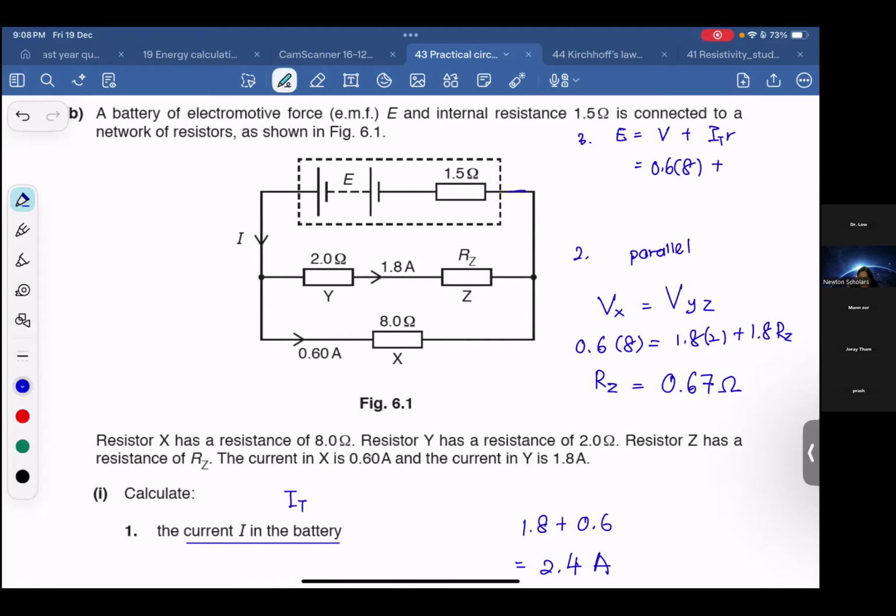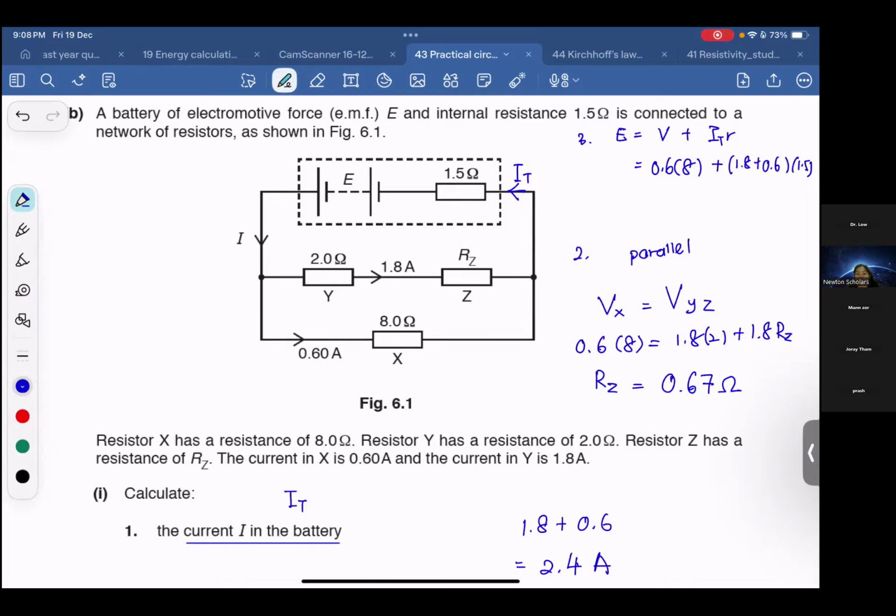The current flowing through the internal resistance is the total current. So it should be 1.8 plus 0.6, and your R is 1.5, the internal resistor 1.5.